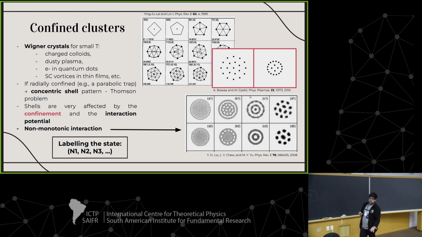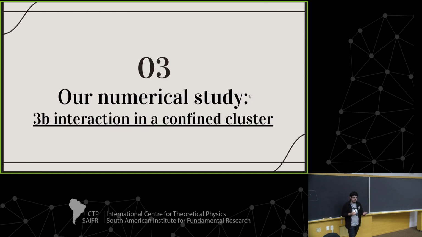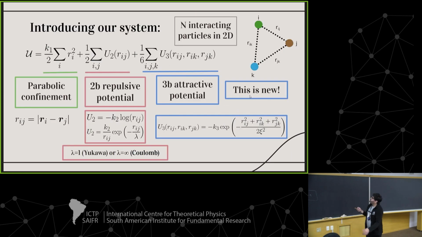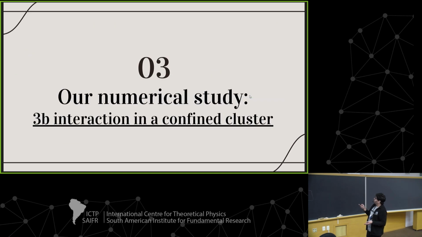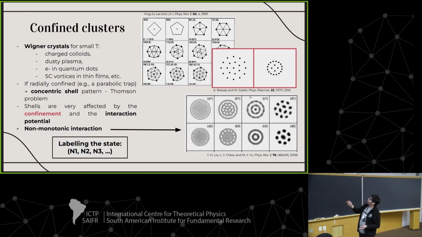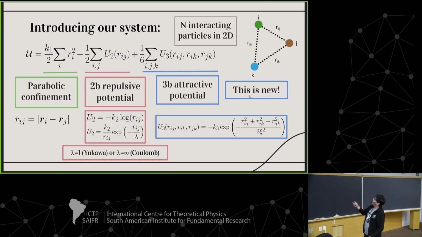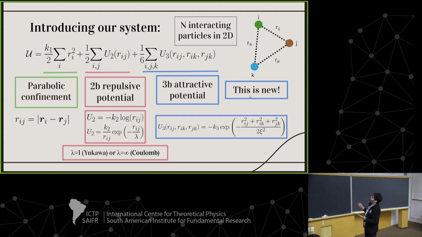So the idea in our study is to consider for the interaction potential a parabolic confinement and a repulsive potential, for which we use up to 3 functional forms: the logarithmic, which is present in superconducting vortices in thin films, the Yukawa potential for lambda equals 1, for the charged colloids, and the Coulomb potential. And the novelty here is this three-body attractive potential.